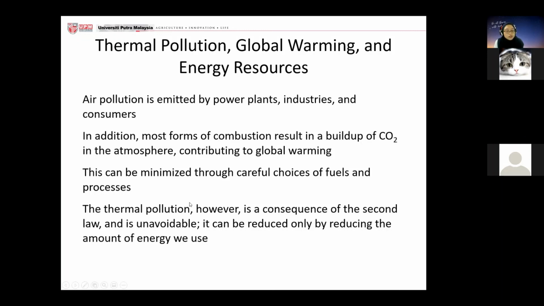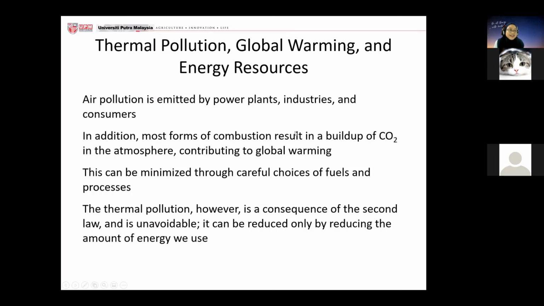But thermal pollution is a consequence of the second law of thermodynamics. Okay? Remember, efficiency is never 100%. So there's always going to be energy loss, and that is unavoidable. Okay, so it can only be reduced by reducing the amount of energy we use.